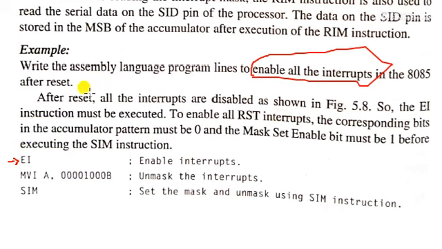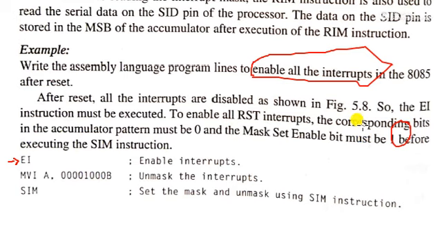After the reset, we have to set the interrupt first. We have to mask or unmask using the SIM instruction. So we have to use the SIM instruction, and the SIM instruction bits will be such that we have to enable all the interrupts. That means we have to unmask, that is 0.